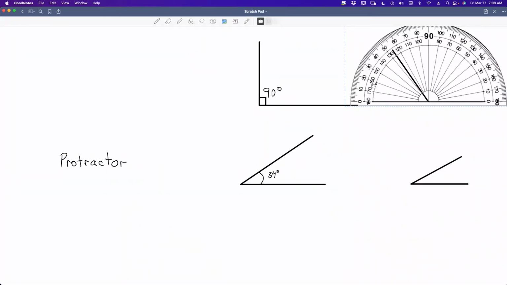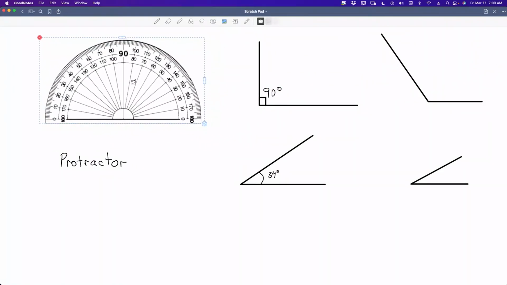It looks like about where it is. So what you might want to do is extend that line and see. And it looks like it's about on the 125. So that would be where that angle would be. We'll say this is 125 for this degree of measure.